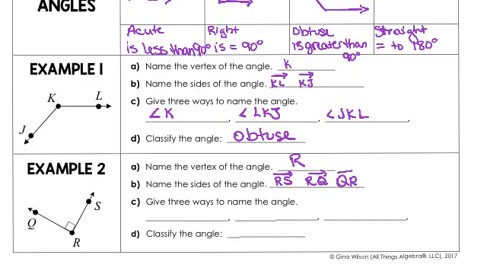That makes no sense to me because we always list things from the vertex, but we'll go with what the author of this says. Give 3 ways to name this angle. And this time, I know I'm right because you must have the vertex in the middle. How would you classify this angle?